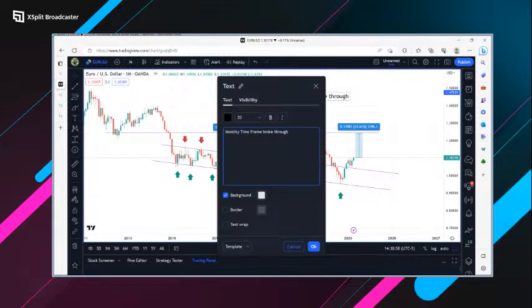Monthly time frame broke through a, what's that, a downtrend? It's that downtrend channel. Monthly time frame broke through a downtrend channel. Held as support on the backside of the channel.